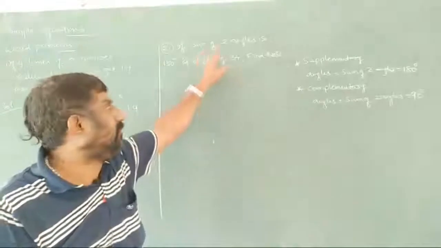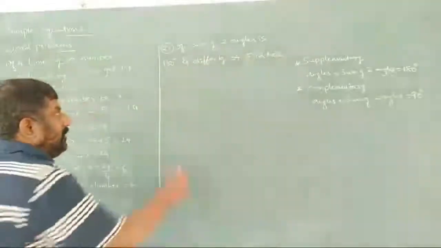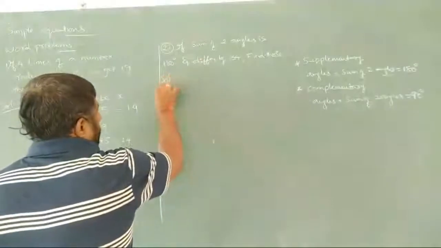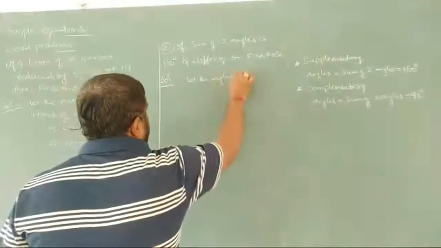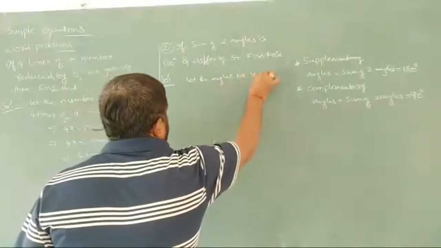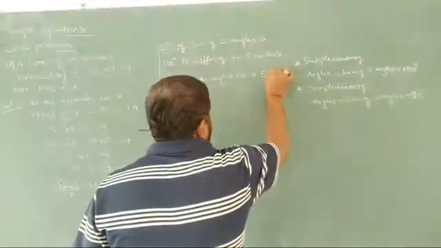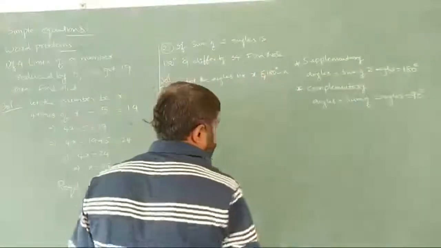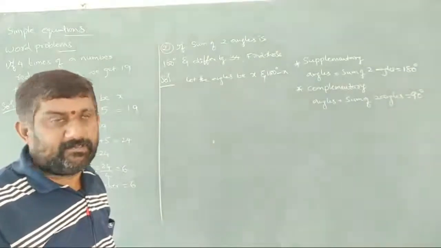What we need: sum of two angles is 180 and they differ by 34. So how are we going to take the angles here? Let the angles be x and 180 minus x.